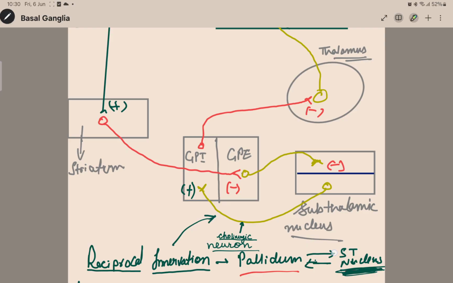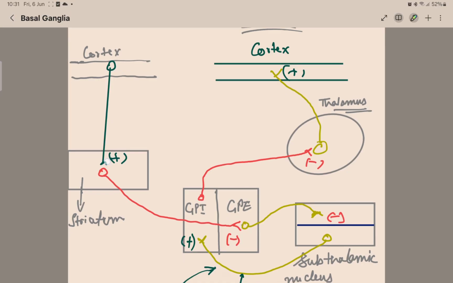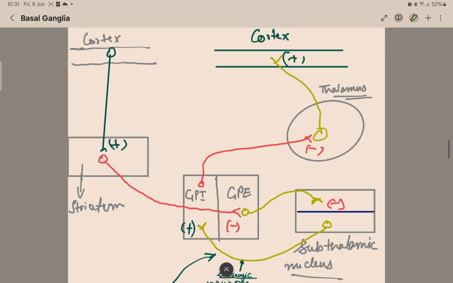As and when we start to think to do an inappropriate movement, there is an excitation through the corticostriatal projection, which activates the GPE, the striatopallidal projection of the indirect circuit, which ends in GPE.